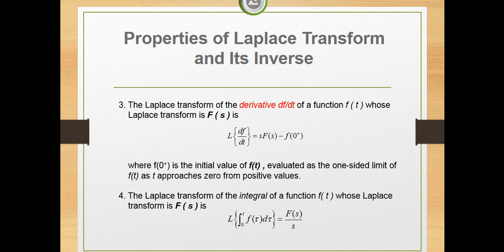What does this particular formula tell you? Whatever is the function that you see written after the integral sign, you are to transform it based on the formulas that were given in the table, and all you have to do is divide it by s. This is true for all functions of t which are transformable, as long as the limit of your integral here is from 0 to t. If this is negative t to t, this cannot be done. So there's no Laplace transform of such a particular integral.